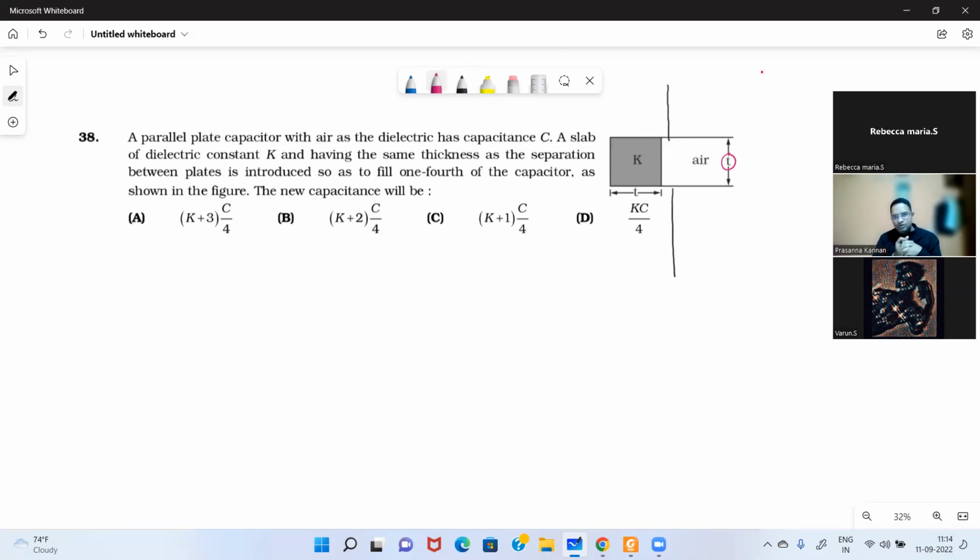Usually we know, if we have a capacitor, you have a dielectric along the length, correct? Then we know the formula for this. Capacitance is equal to epsilon naught A divided by D minus T plus T by K, correct? But it is not split like this. How it is split is like this.